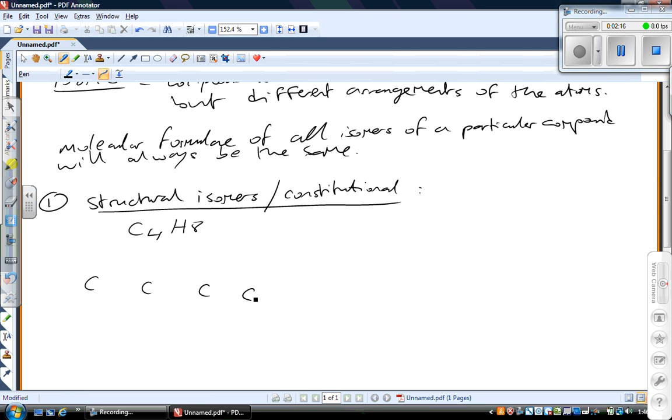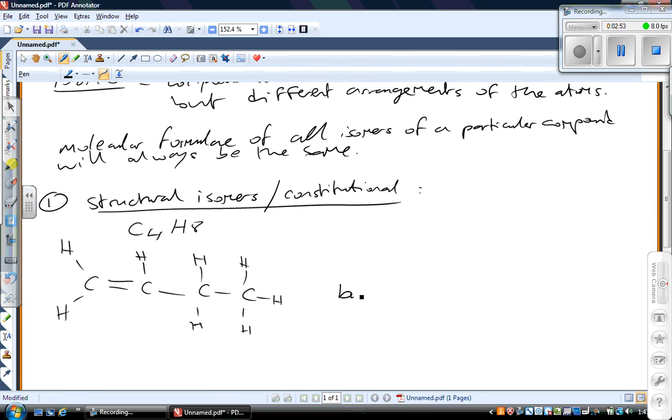Adding hydrogens, 3 here, 2 on the next carbon, and another 2 on this carbon, that's 7, leaving only 1 hydrogen left. So we remove one of these hydrogens, which means we must have a double bond in this compound, and the 2 hydrogens go on here.